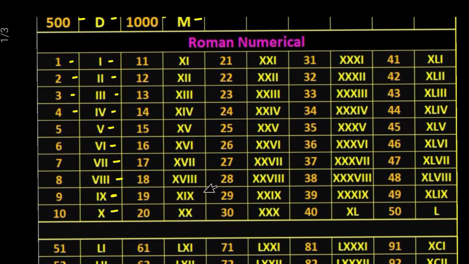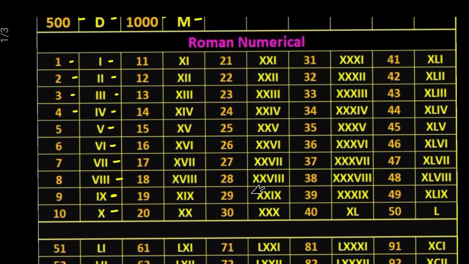Again for 19 means 10 plus 9. For 10 we have written X, and for 9 we have written IX. So here we have written XIX. For 20, double X. For 21 to 28, again same like 11 to 18.